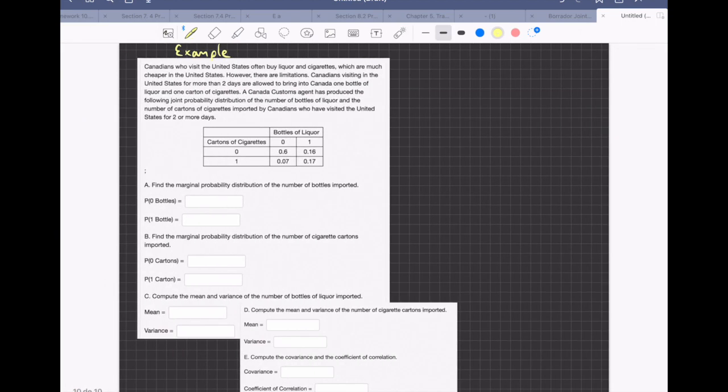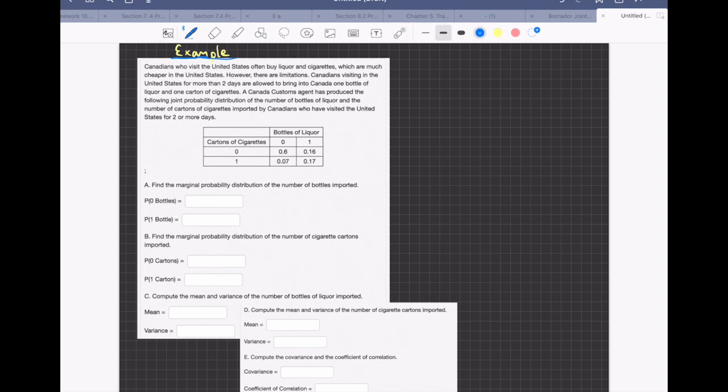All right, let's see one example. Canadians who visit the United States often buy liquor and cigarettes, which are much cheaper in the United States.